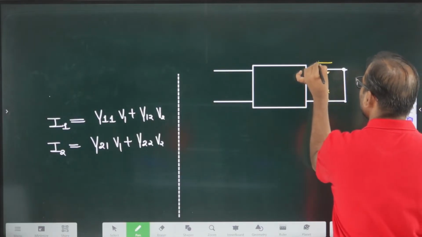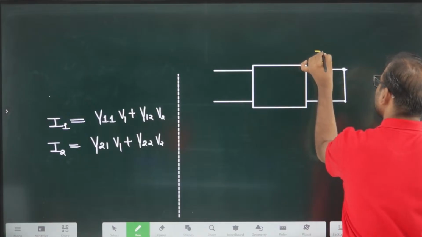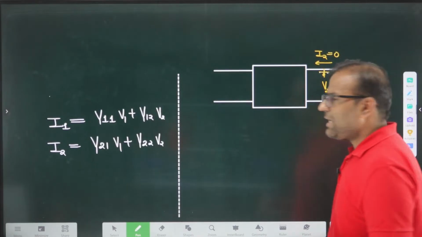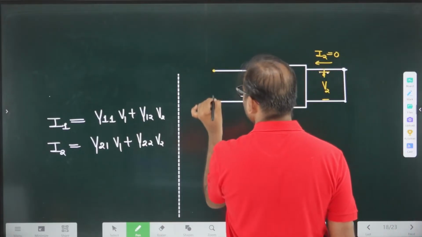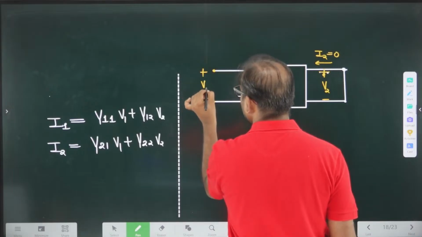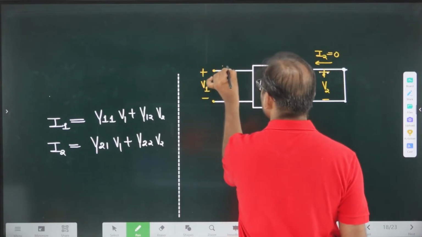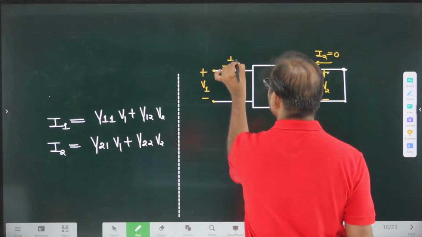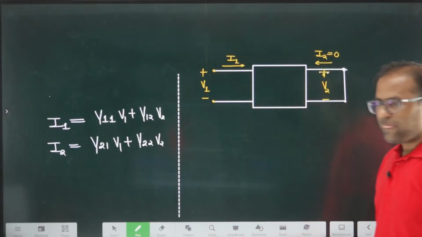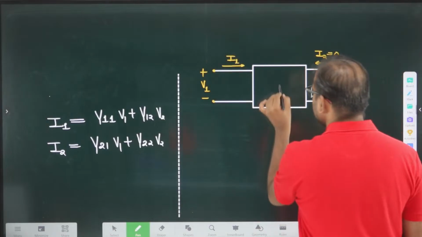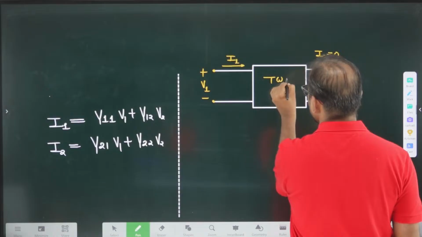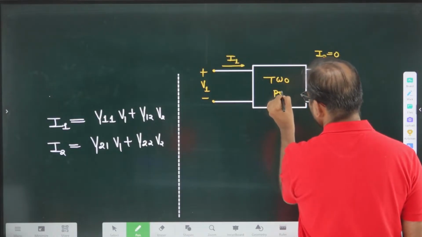And this current is I2, and at input we are having V1, our applied input voltage, and this is our I1. Correct?